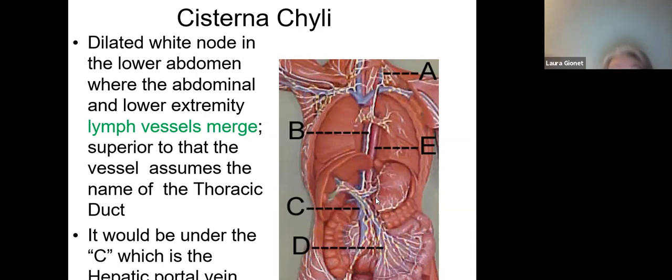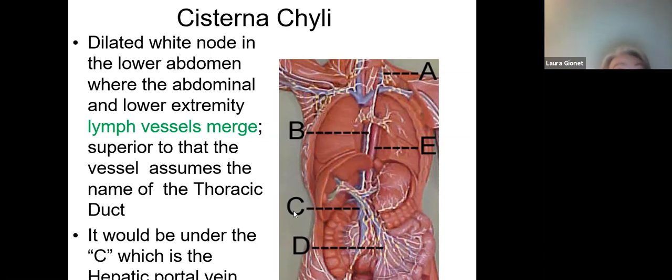And they're all going to merge together like two big highways merging together. And it needs to initially dilate as the fluid is moving superiorly, from C up to B. And then you can see how B is the thoracic duct. It continues, as in the picture prior to this, to make its little hairpin turn and then connect to, or articulate with, the left subclavian vein.